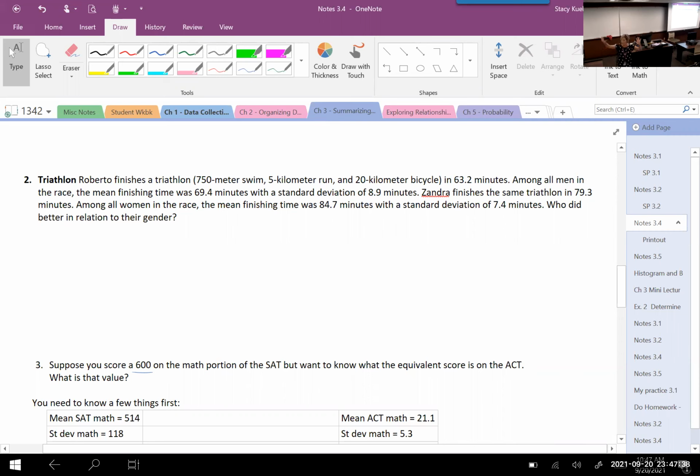So we have our two categories. I want you to compare and figure out who ran the better race compared to their gender. Who ran the better race? Think about what it means also to run the better race. Once you think you've got an answer, see if anybody around you can agree.